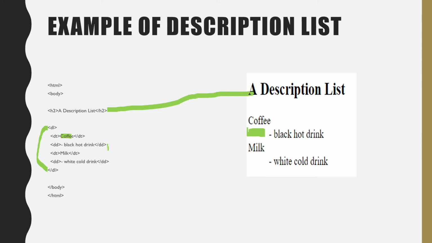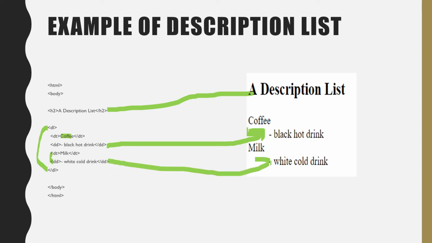So this is the output, black hot drink. Now again in the next term in DT I have taken milk. In the next line I have described the milk as white cold coffee. Here is the description. Hope you are understanding.